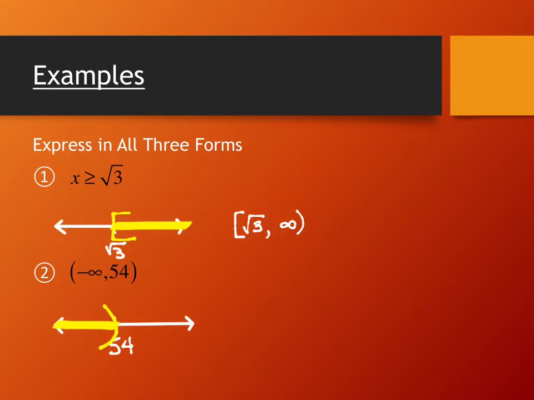And then as I'm making a comparison in set notation, the comparison has to be for x and 54, or the shading and 54. Is x less than 54, or is x greater than 54? It's less. And is it less or less than or equal to? Just less, because it's a parenthesis.